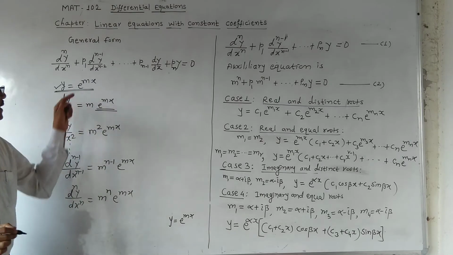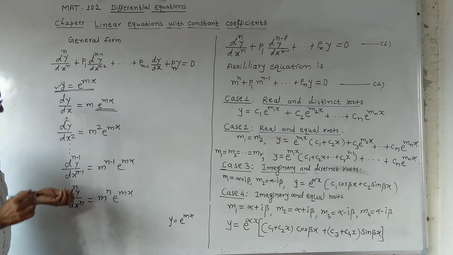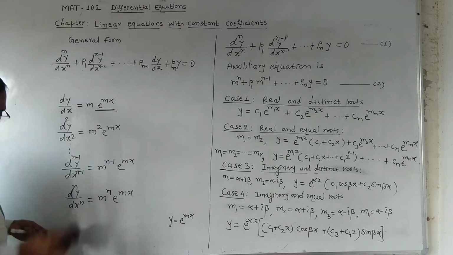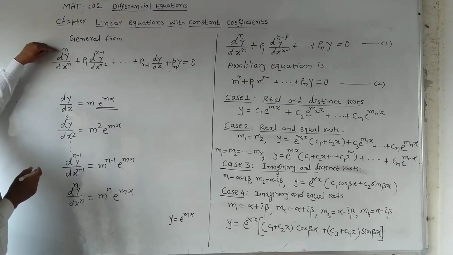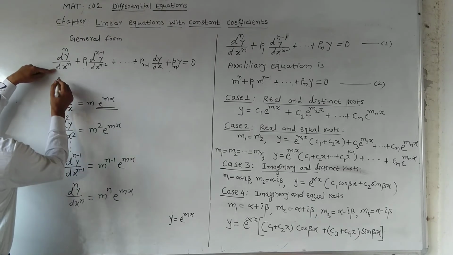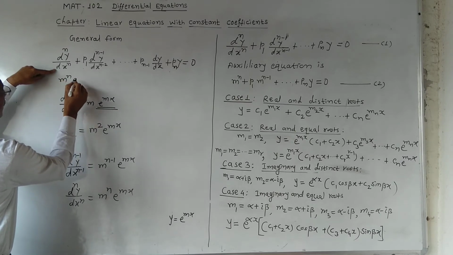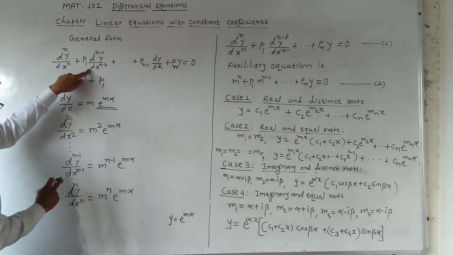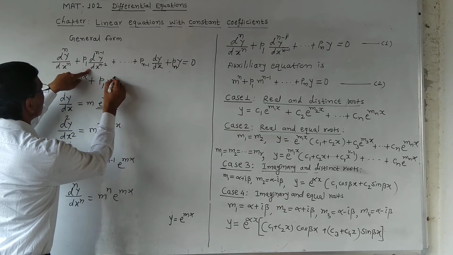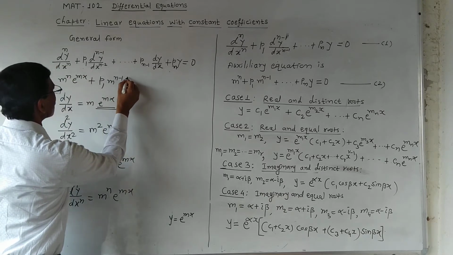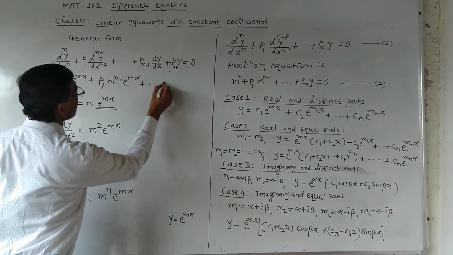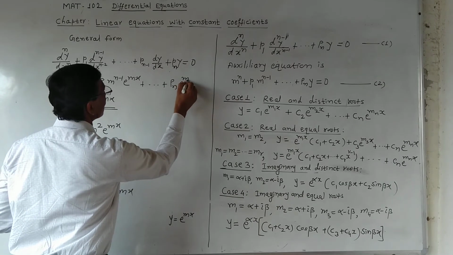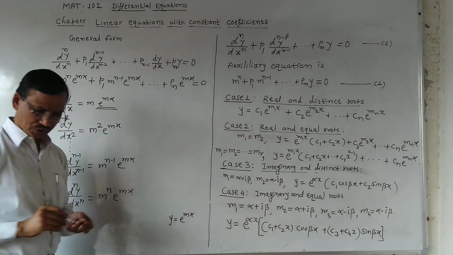That means if y = e^(mx) is a solution, this is our assumption, then it must satisfy the given differential equation. Putting the values here, the derivative d^n y/dx^n is m^n e^(mx), plus P1 times m^(n-1) e^(mx), and so on, up to the last term Pn y, meaning Pn e^(mx), is equal to 0.